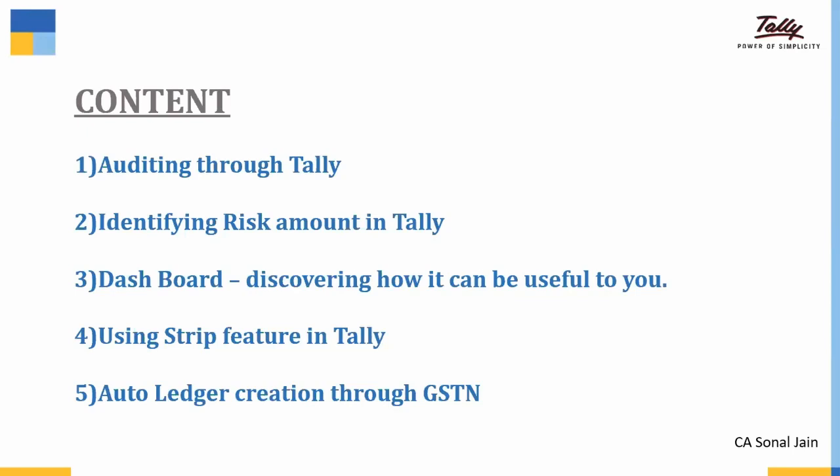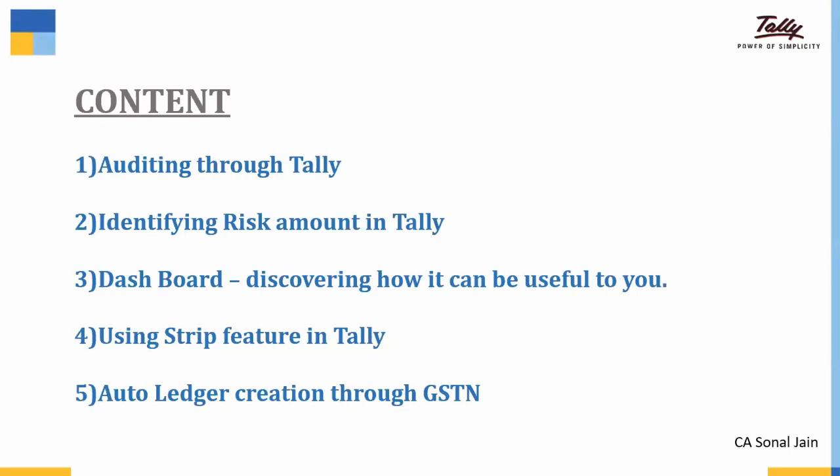The first point is auditing through Tally. It is a very detailed topic, but I will just give you a glance at which tab you can do auditing through Tally, so we'll have a walkthrough in Tally. Second is identifying the risk amount in Tally, meaning identifying the amount of credit for each creditor ledger in Tally.